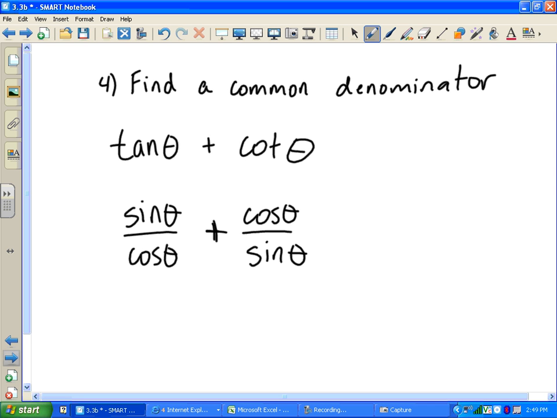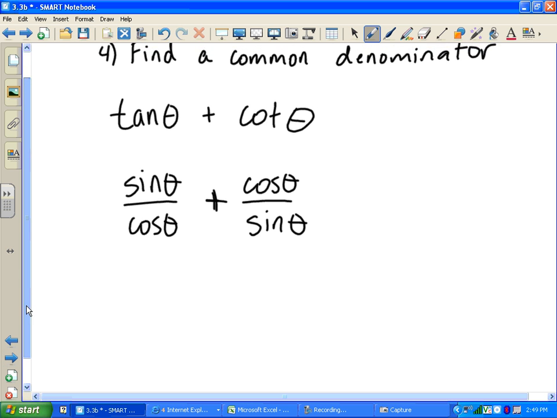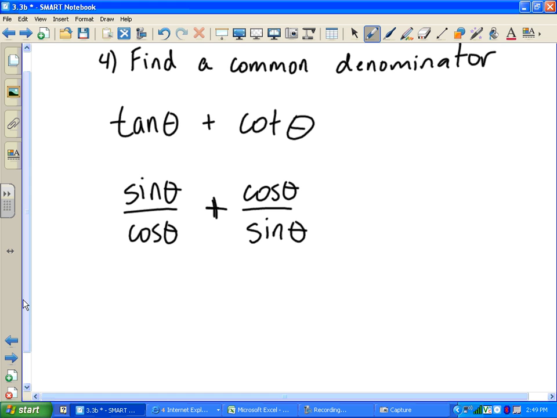So doing that, I've got two fractions. And so one idea I could do with those two fractions is write them as a single fraction. To do that, I would have to get a common denominator.